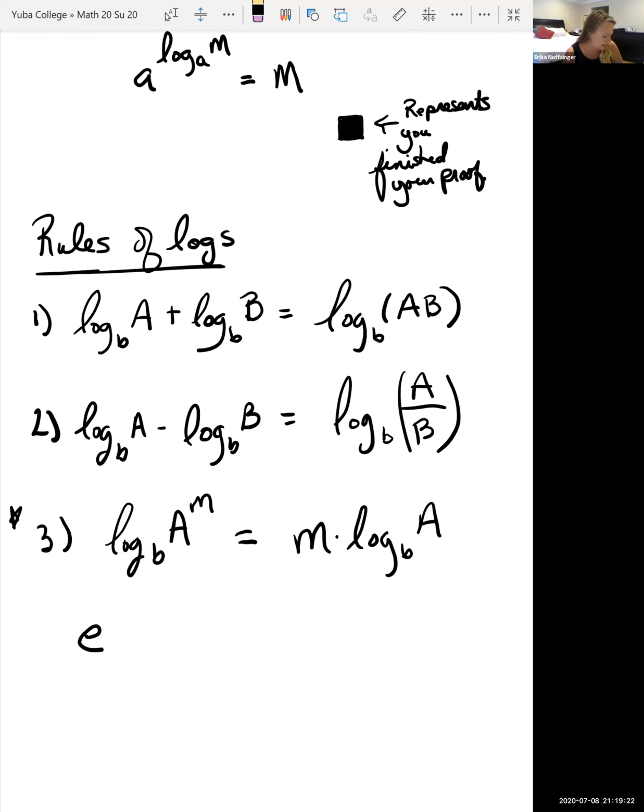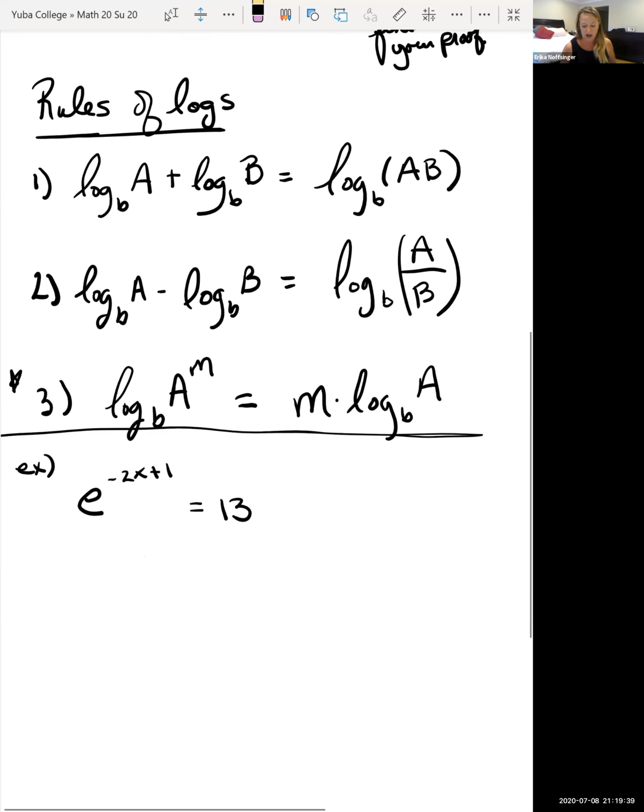So e raised to the negative 2x plus 1 is equal to 13. This is where I would use property 3 to solve for my variable. We were just showing this by rewriting this in logarithmic form and being able to solve for it.